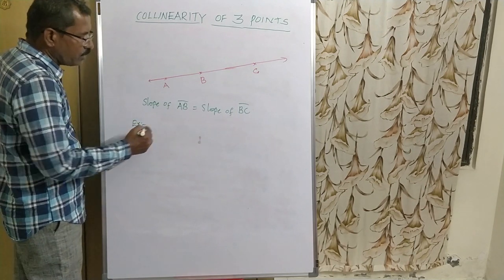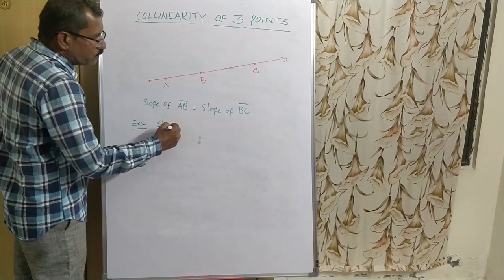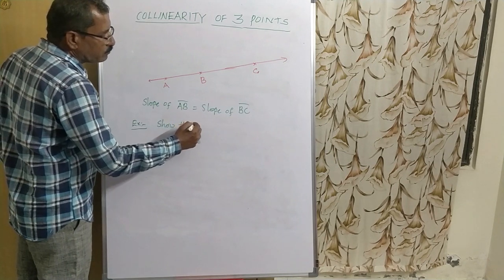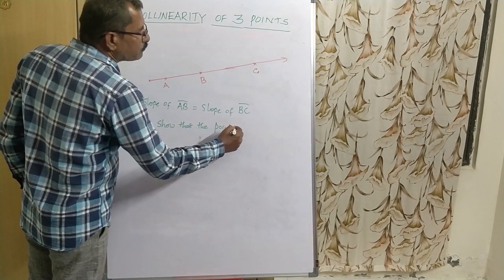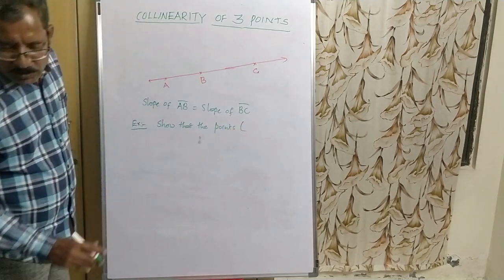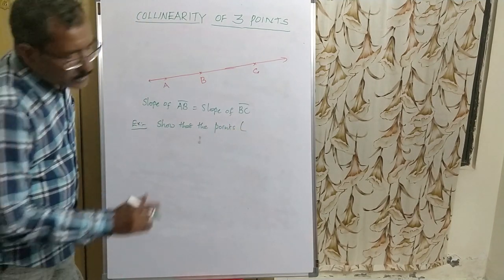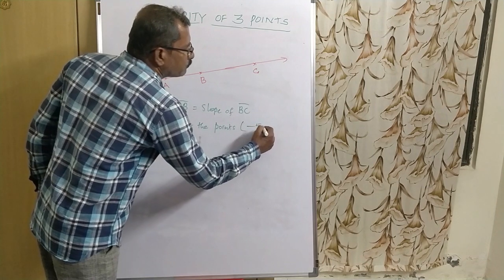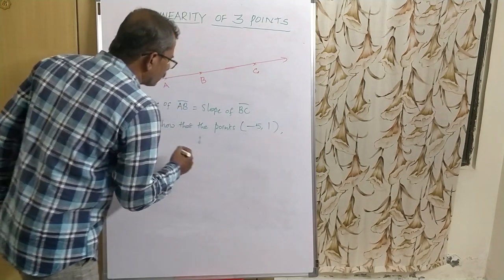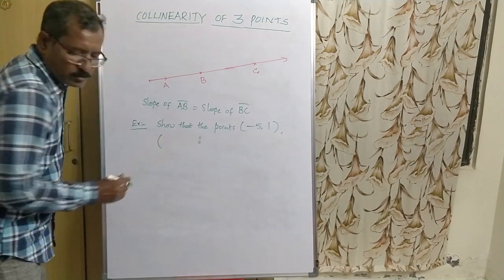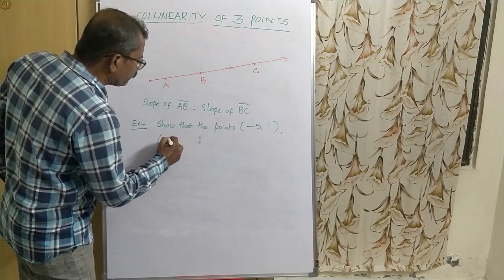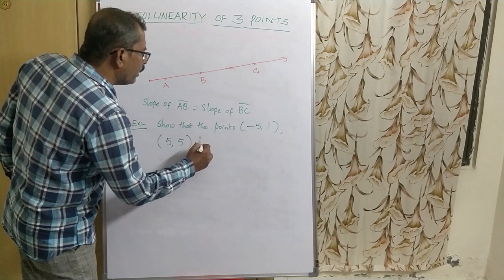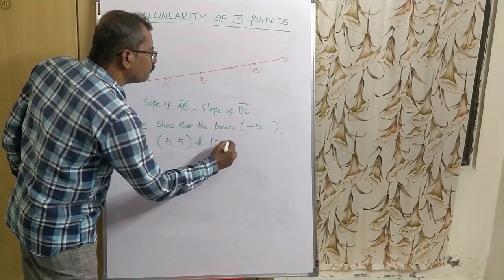Show that the points minus 5 comma 1, 5 comma 5 and 10 comma 7 are collinear.